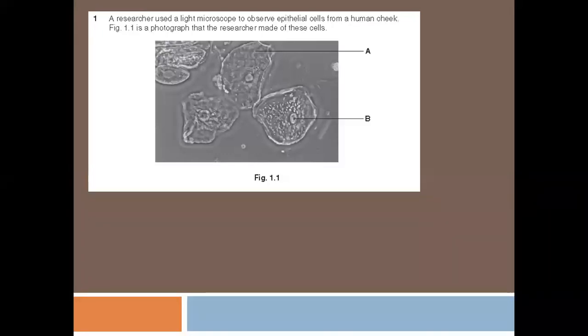Figure 1.1 is a photograph that the researcher made of these cells. He isolated epithelial cells from the human cheek, and now he wants to see and study them. Different parts of that cell you can see here in figure 1.1.